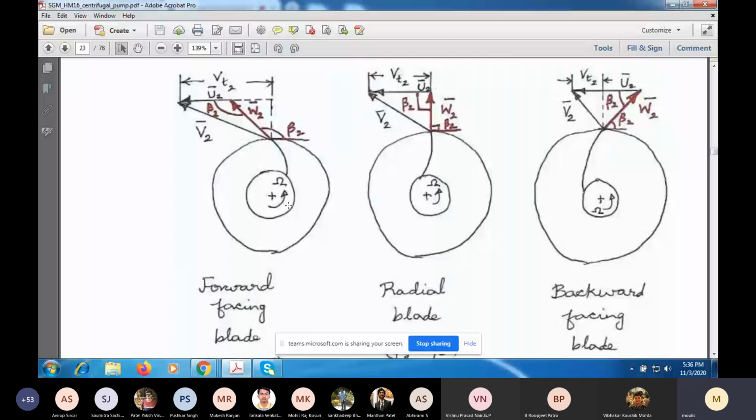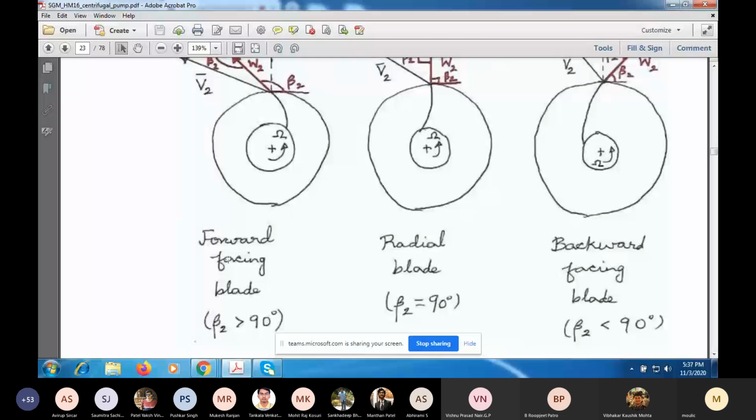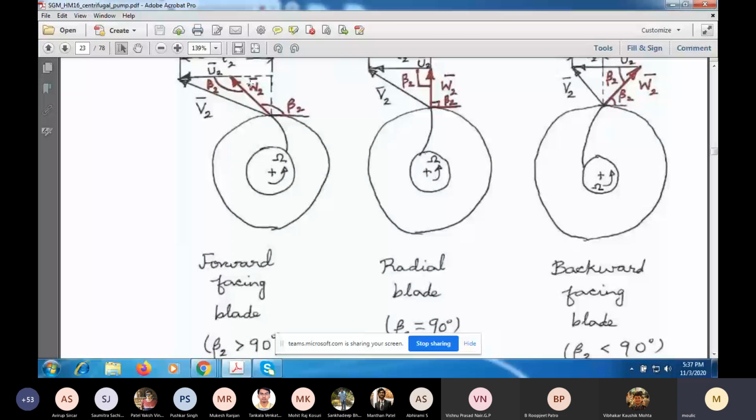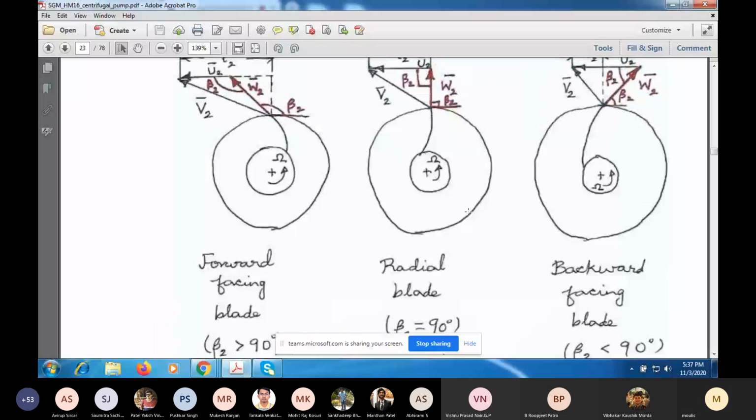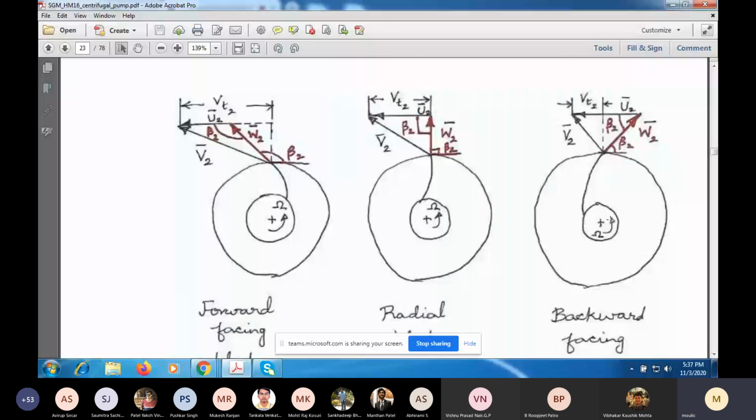So the figure on the left is an example of what you may call a forward curved blade or forward facing blade. So the curvature of the blade is in the direction of the rotation. And as you can see here, if you look at the angle between W2 and minus U2, this angle beta 2 is then more than 90. And the figure on the extreme right here is a case where again the impeller is rotating counterclockwise. The blade is curved backwards, in the direction opposite to the direction of rotation.